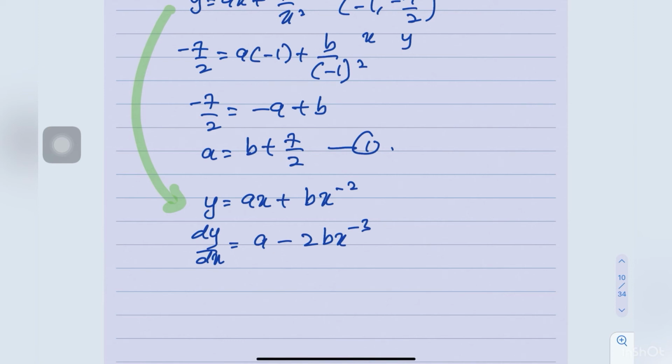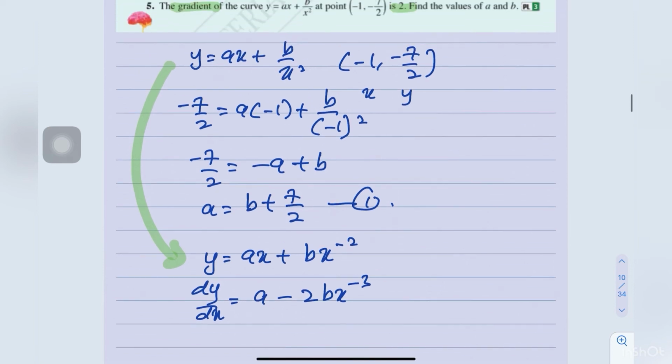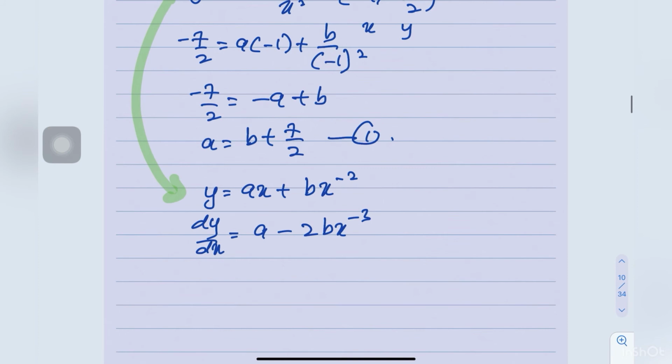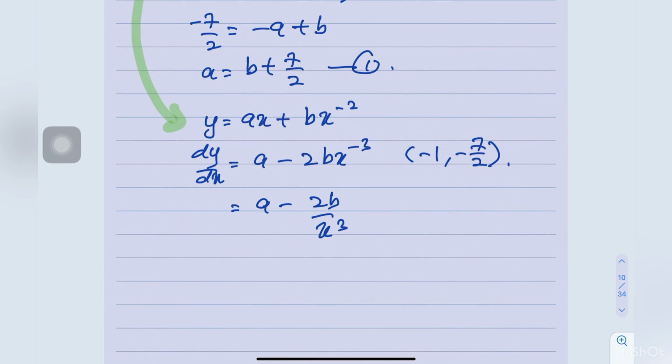Okay, so then given point (-1, -7/2), we substitute into the equation. So we simplify first. So a minus 2b over x cubed. So dy/dx, from the question, gradient is 2.